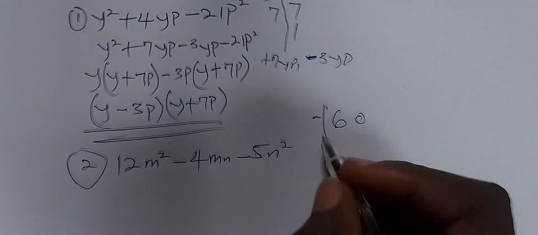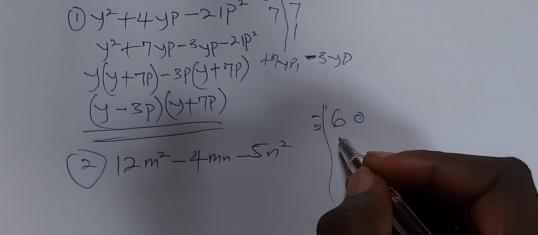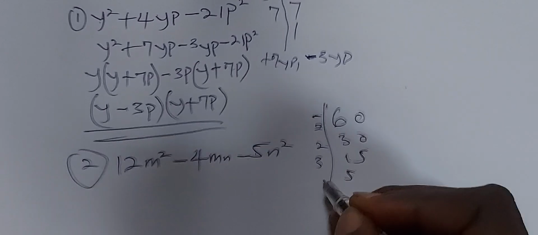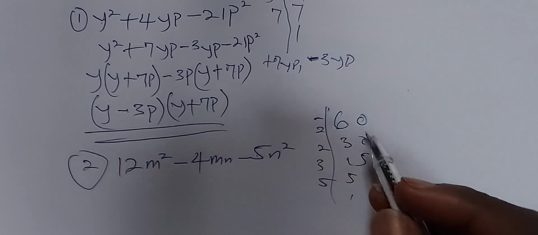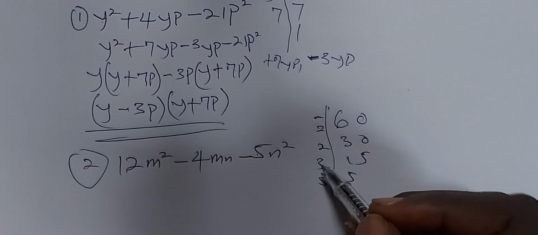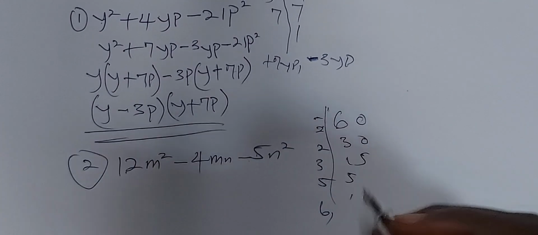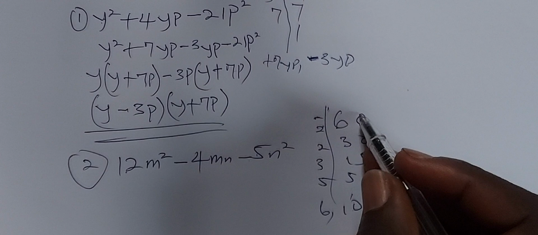So what is that? We have 2 and 30, 2 and 15, 3 and 5, and 5 and 1. But when you look at it, you can multiply this times this to give 6, and this times this to give 10. So 6 multiplied by 10 will give 60.